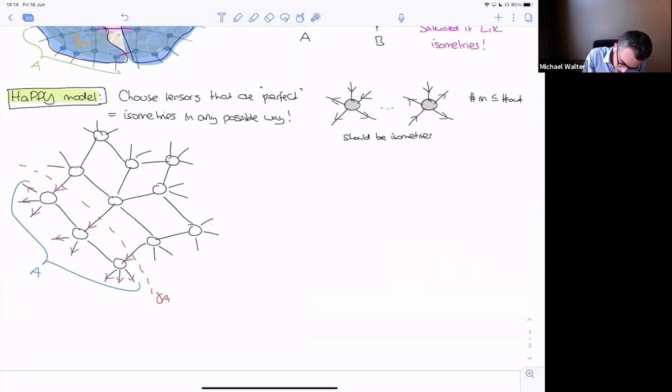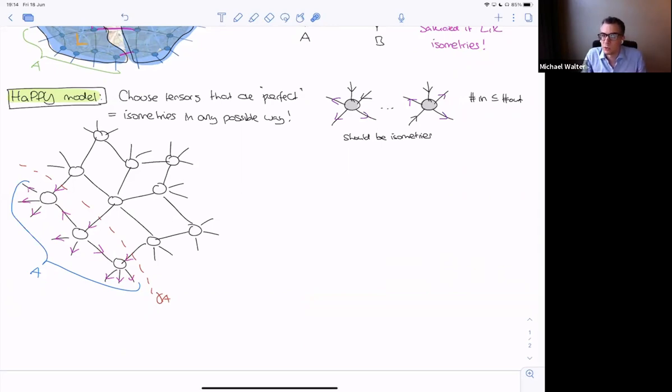Now on all remaining edges, I have to orient them in a way that there are at least as many outputs as inputs. So there can be at most 2 inputs, such that each individual tensor can be thought of as an isometry. For example, I could probably do something like this. So now this tensor has 2 inputs and 3 outputs, 1 input and 4 outputs, 2 inputs and 3 outputs.